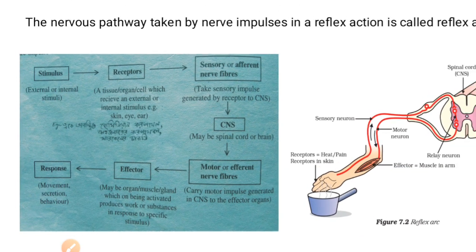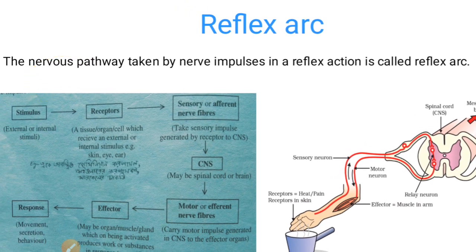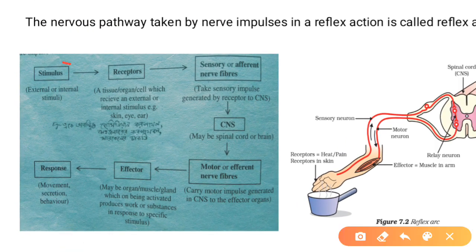So here the stimulus is the hot thing, and the receptors present in the skin receive the stimulus and send the information through the sensory nerve to the central nervous system, which is probably the spinal cord. In most cases it is the spinal cord, and sometimes the brain.